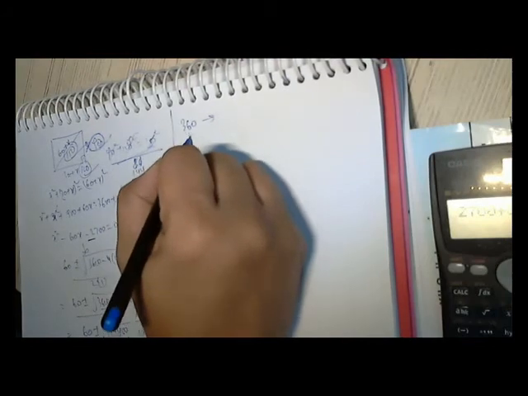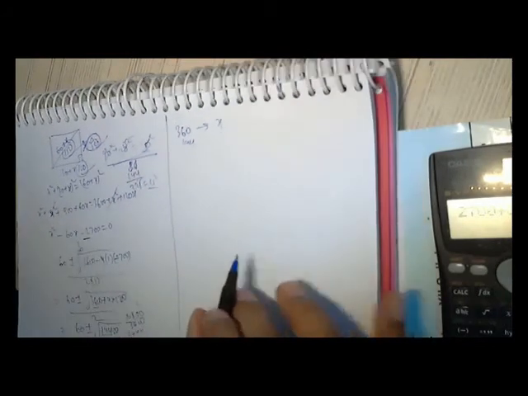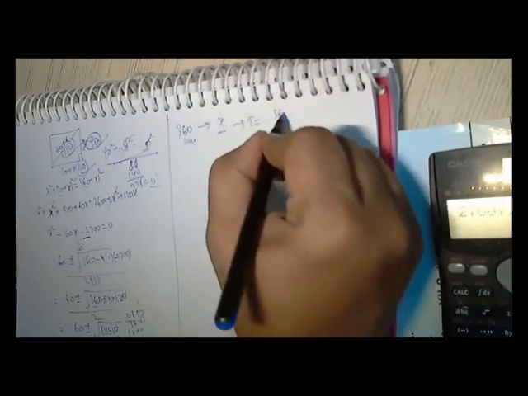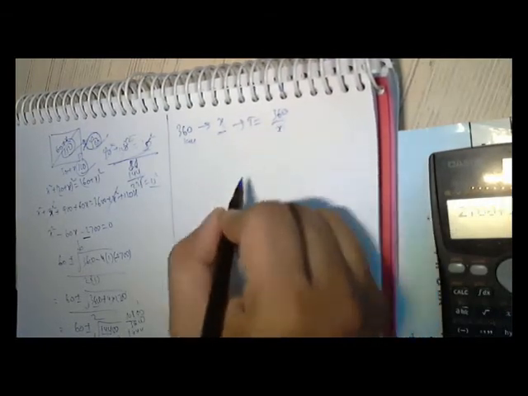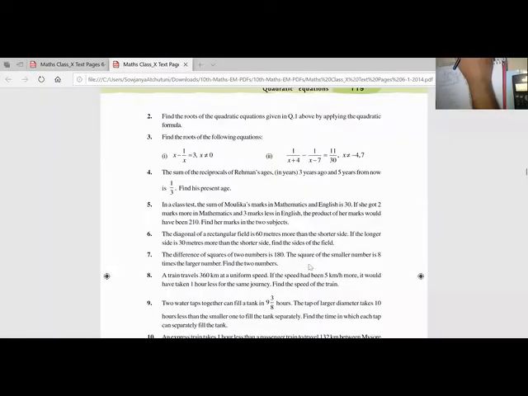So total 360 kilometers. Suppose the speed of the train is x. So what is the time taken by the train to reach? Distance by speed, 360 by x.